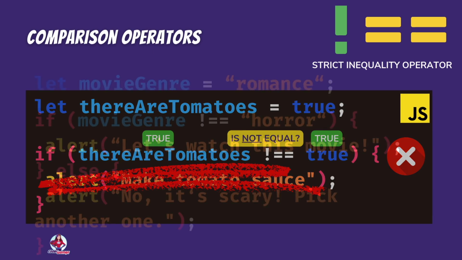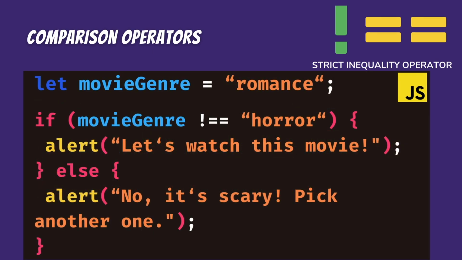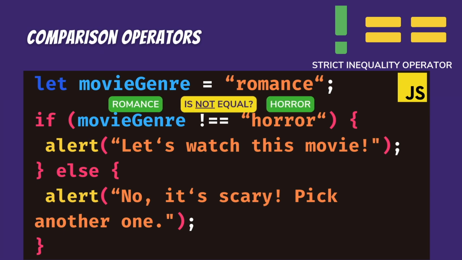Let's look at another example. You want to watch a movie tonight and you want your computer to suggest a good one. But you really don't like horror movies because they scare you too much, so you want the computer to avoid recommending them. This is a perfect job for the strict inequality operator. Here it checks if the movie genre isn't horror.